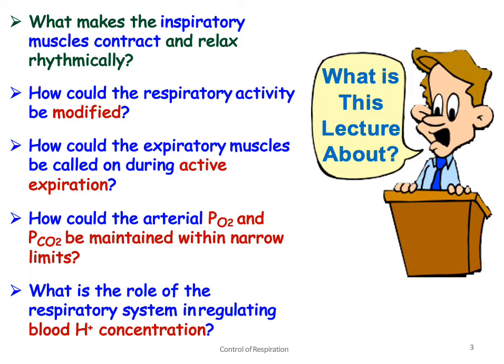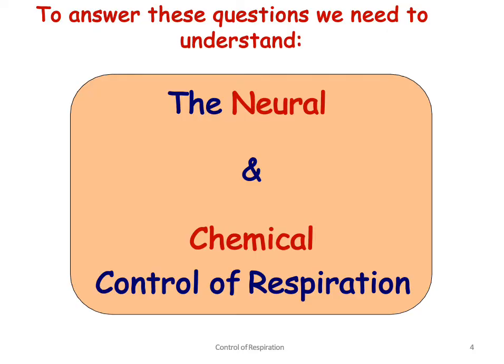And what is the role of the respiratory system in regulating hydrogen ion concentration in the blood? To answer all these questions, we need to understand the neural and chemical control of respiration.